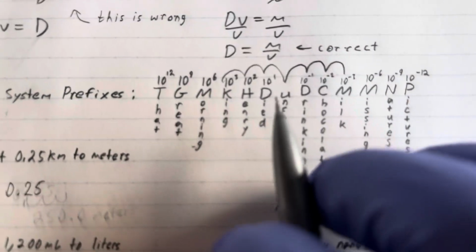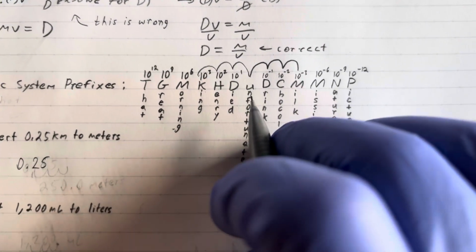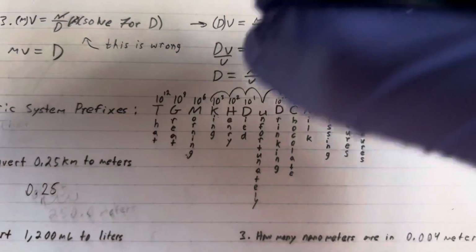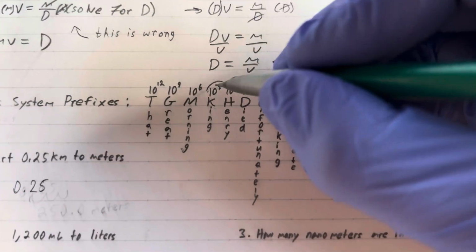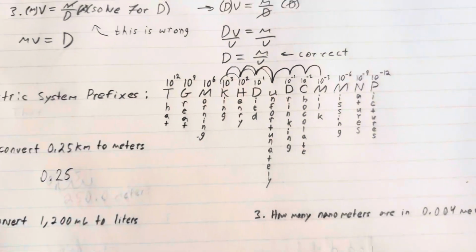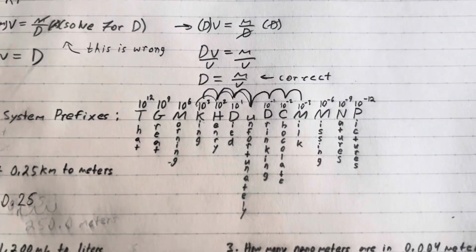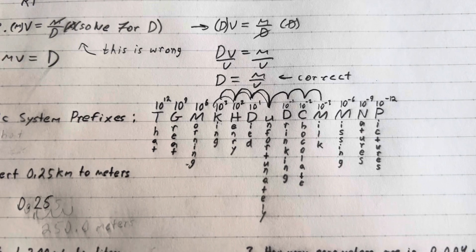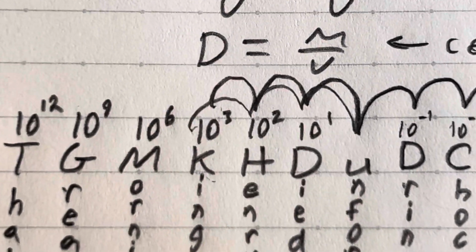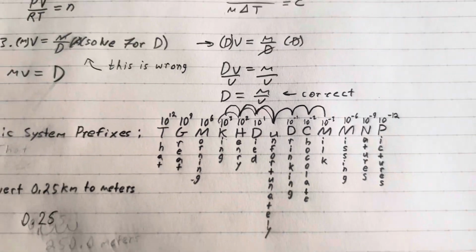We look for kilometers, that's this K right here, and the base unit. How many jumps do we need to make? 1, 2, 3. Three jumps to make it to the U. One way to know how many jumps to make is the exponent: there's a 3, so you move 3 places to the right.